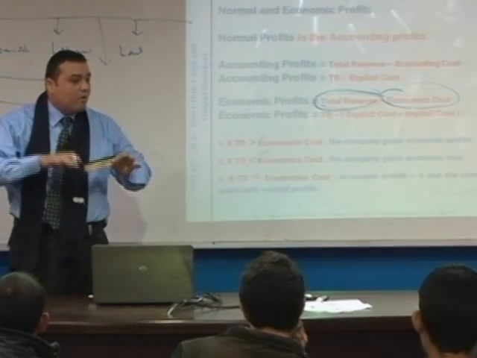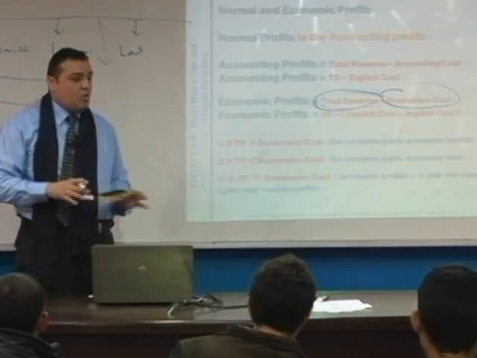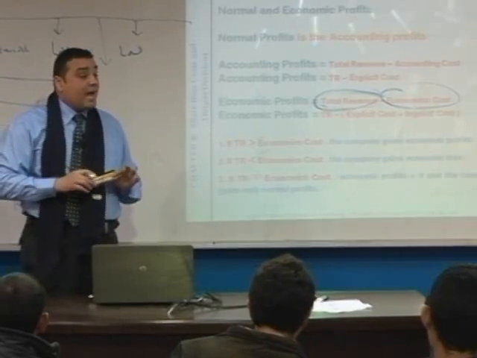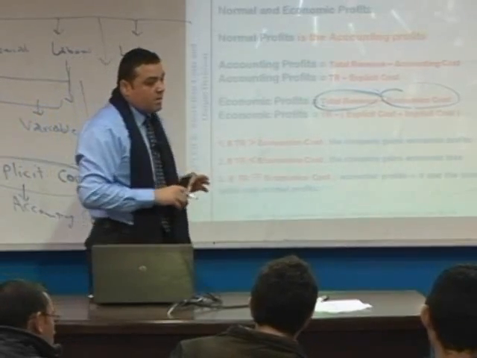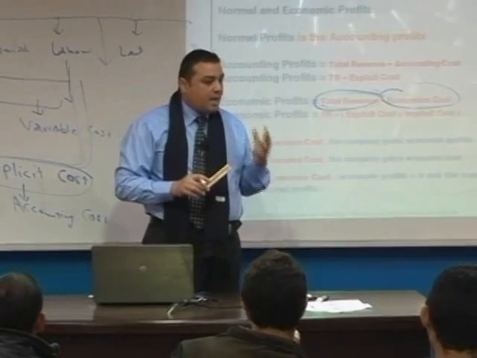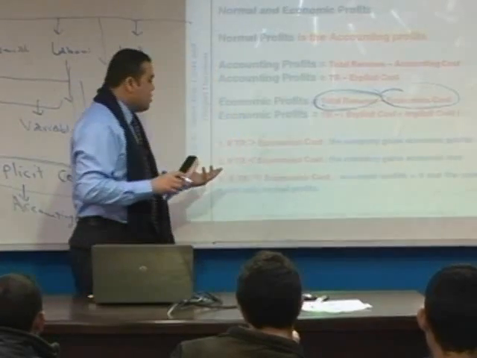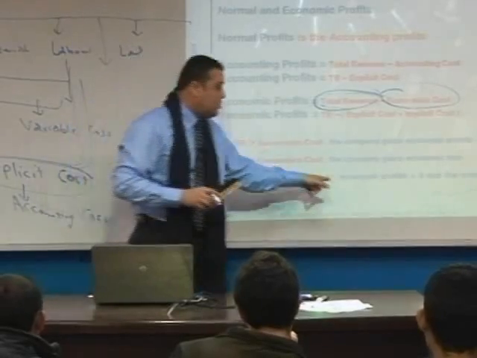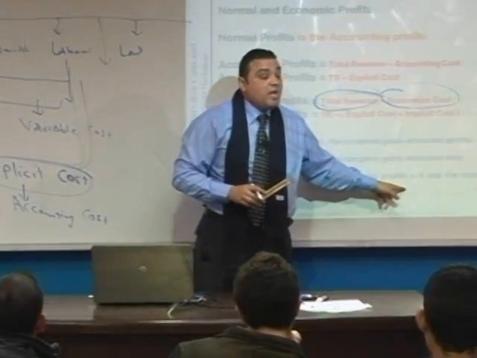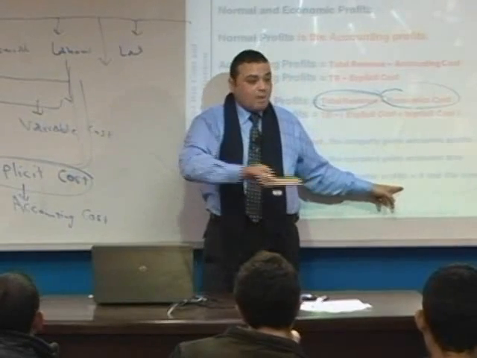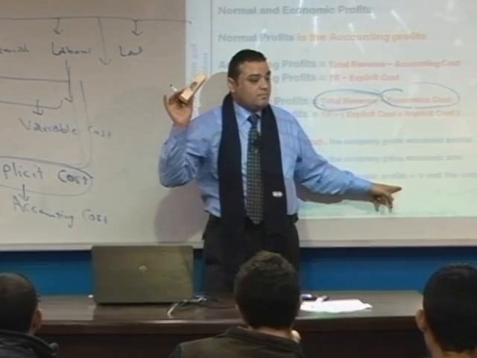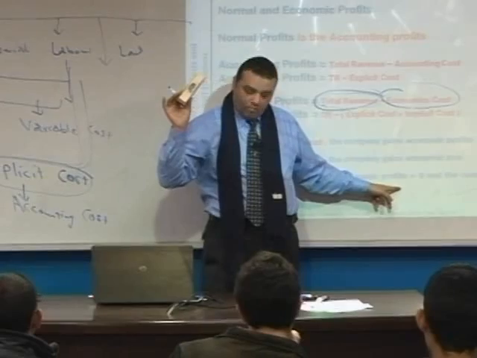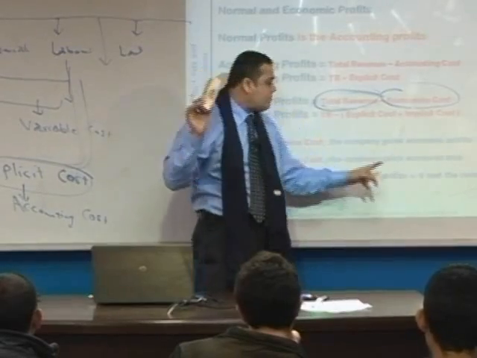They call it normal profits, only. In economics, when the economic profit equals 0, it's called the normal profit.